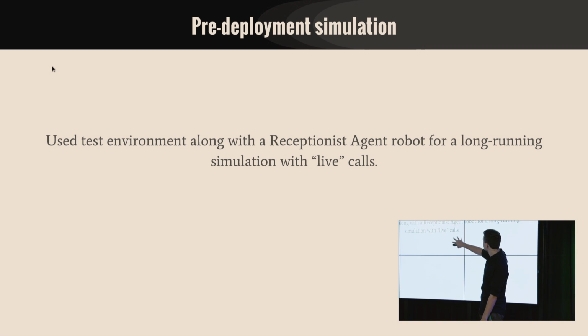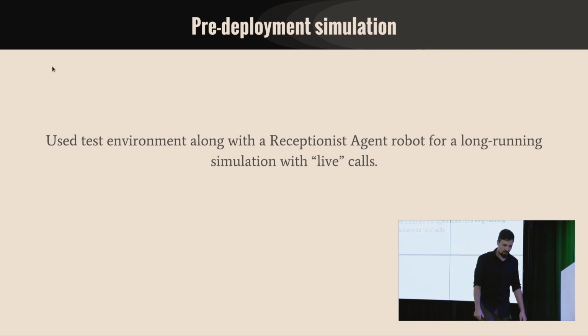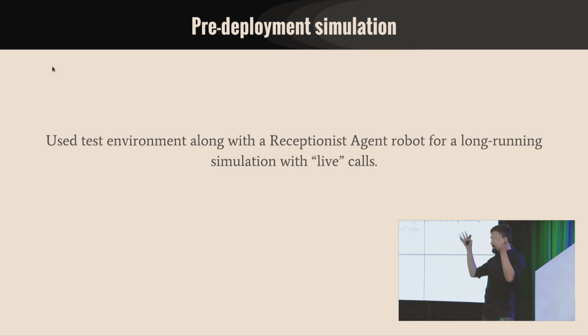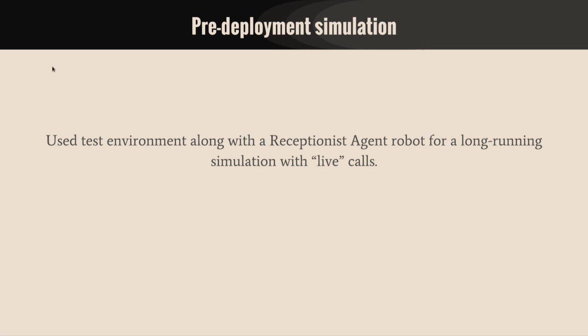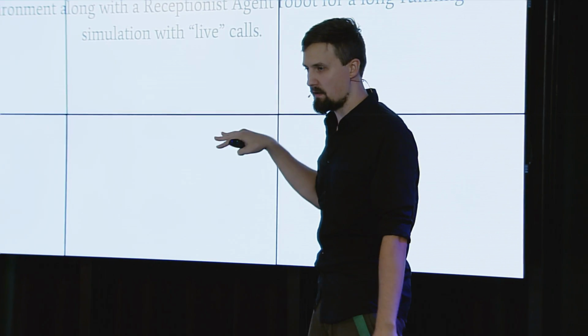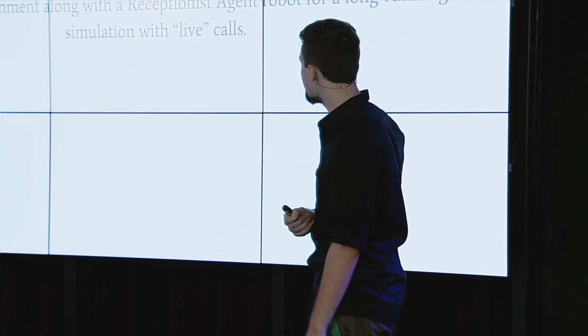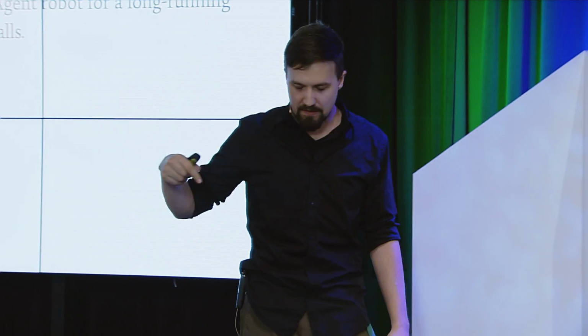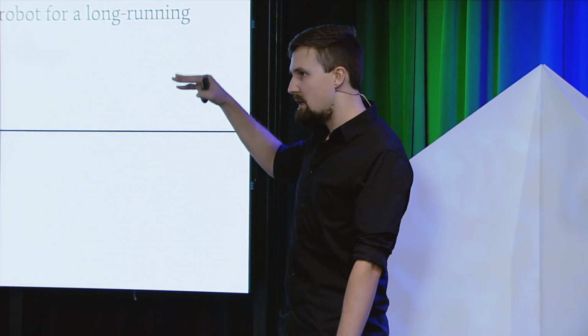Then we put a receptionist agent robot, which is just a Dart simulation file, which is situated in the UI, and it keeps track of the call list by just checking for list elements. Whenever it detects one, it will try to pick it up and go through a state machine.